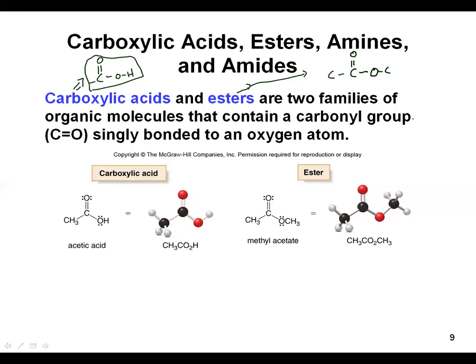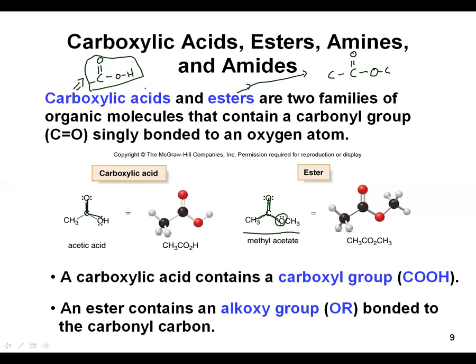This is acetic acid, which is also known as ethanoic acid, which we'll talk about how to name in just a second, but some common names. This is methyl acetate. So this is an ester over here. We have our carbon-carbon oxygen with their double bond connected to another oxygen. Over here we have our carbon-oxygen double bond and our OH group, which is your carboxylic acid group.